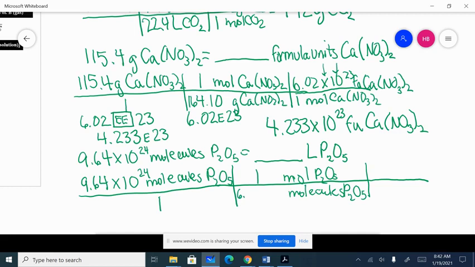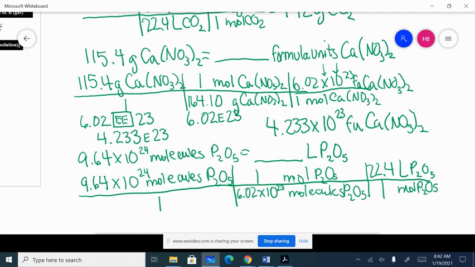And 6.02 times 10 to the 23rd goes with molecules. Now I'm going to change moles of P2O5 to liters of P2O5. 1 goes with moles and 22.4 goes with liters.